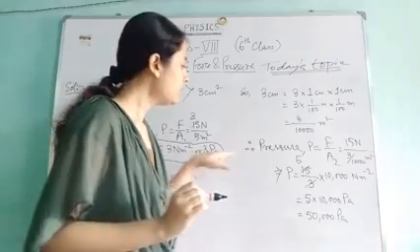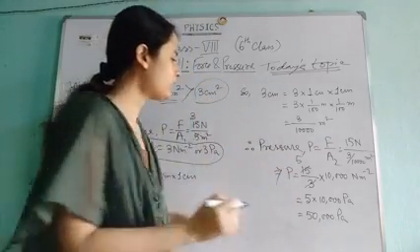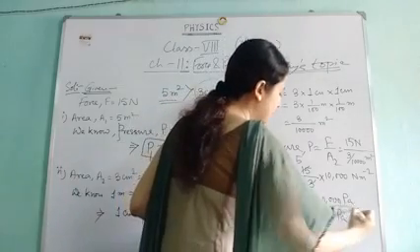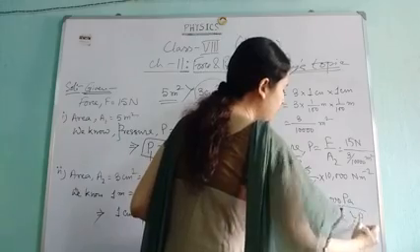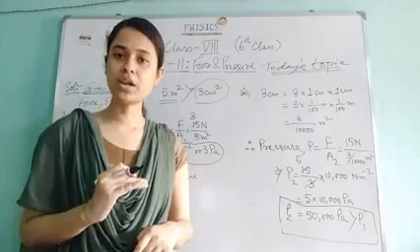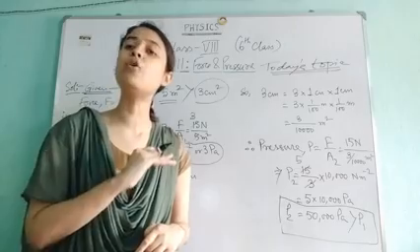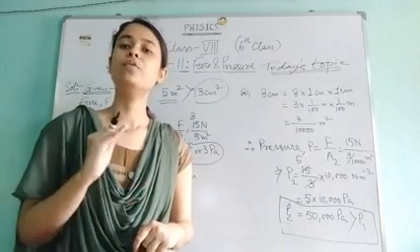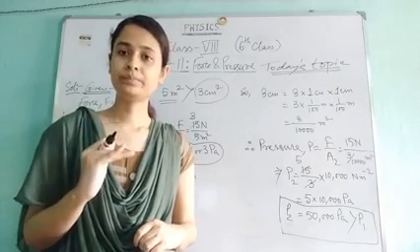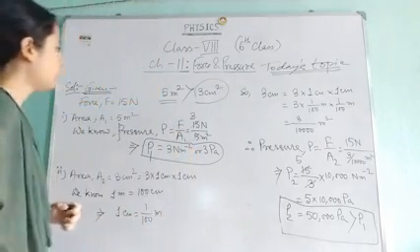But when the area is less, then we got the pressure P2 much more than P1. So if we reduce the area keeping the force same, then we will get the pressure much more.